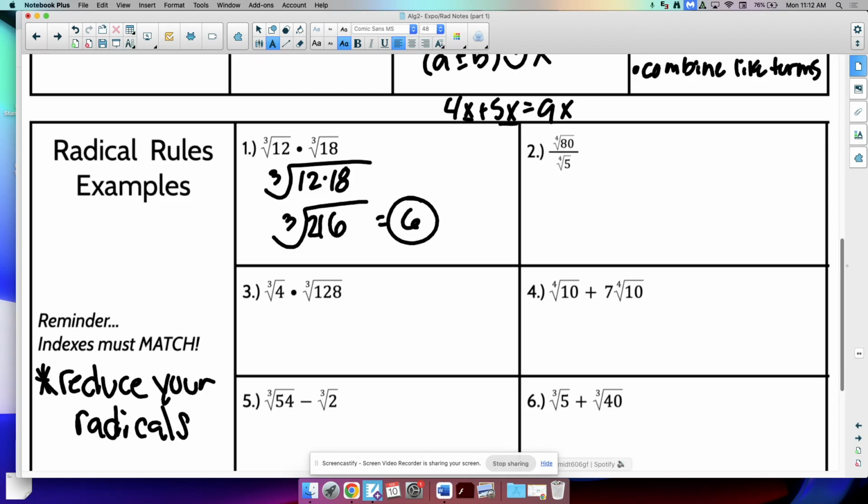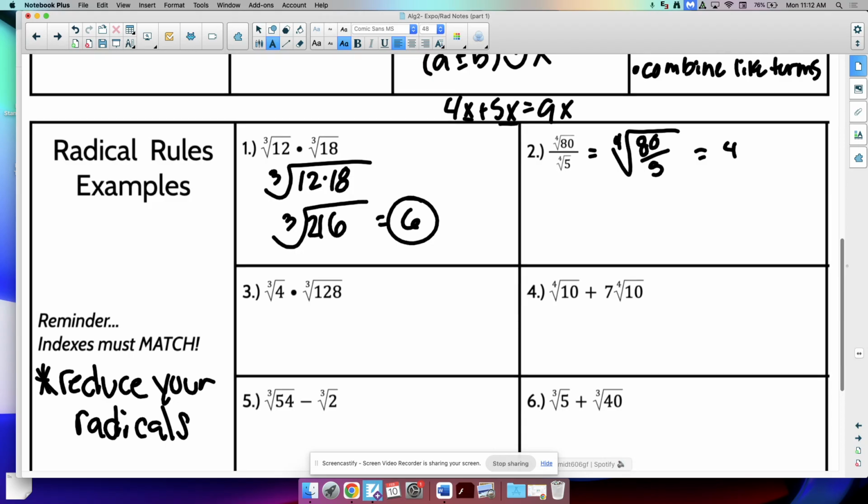If you have a radical on both top and bottom, that's the same thing as saying you have one radical of the fraction. So those two things mean the exact same thing. The perk of writing it this way is we can actually do what's 80 divided by 5? 16.